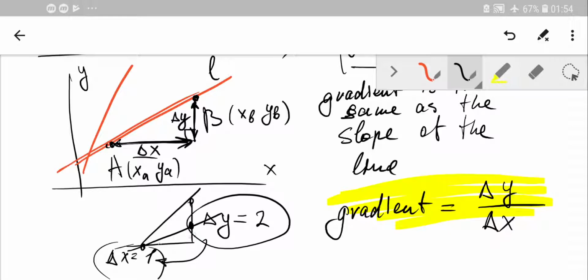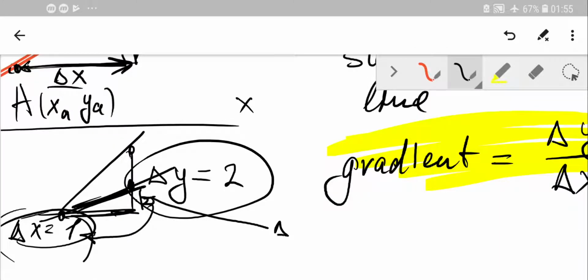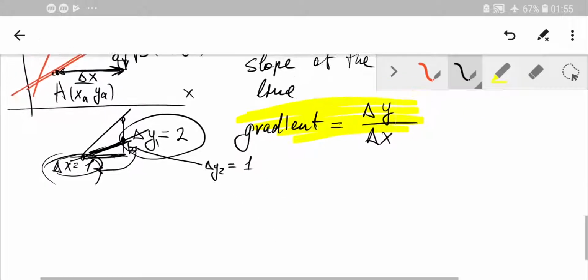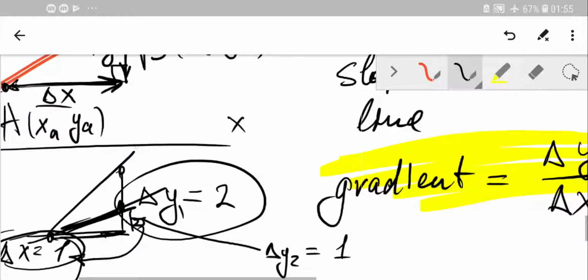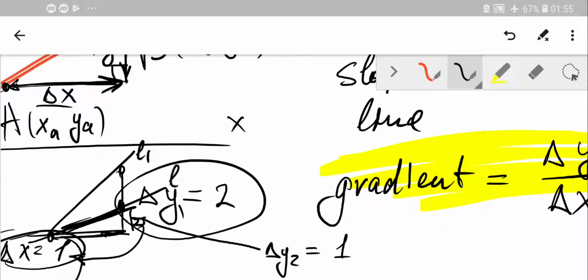Again we use a unit change in x equal to 1, but in this case the change in y is different. This is L1 and this is L2.